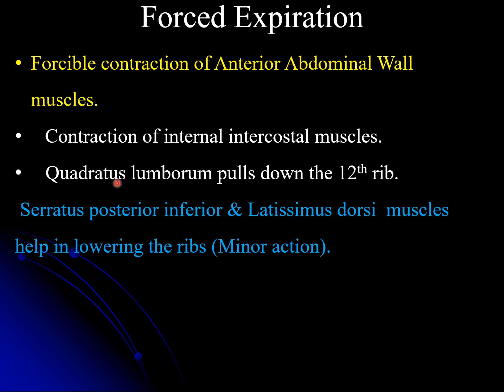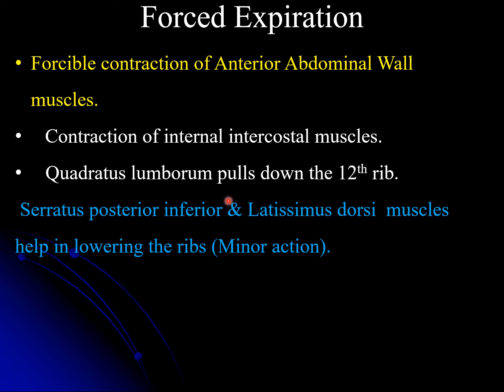And quadratus lumborum pulls down the 12th rib. This is a muscle of the posterior abdominal wall, attached to the 12th rib, so it helps a little during forceful expiration by pulling the 12th rib down, along with the serratus posterior inferior, which we have already discussed.